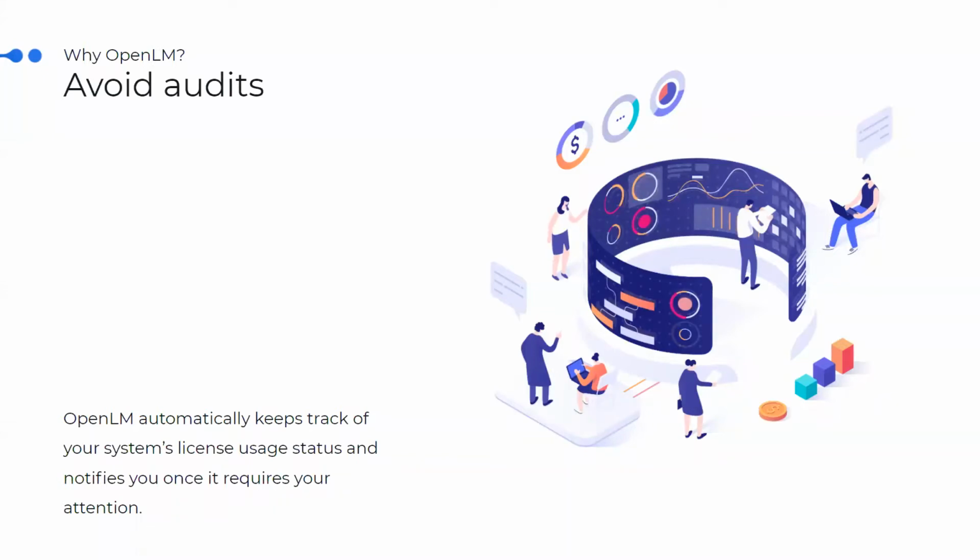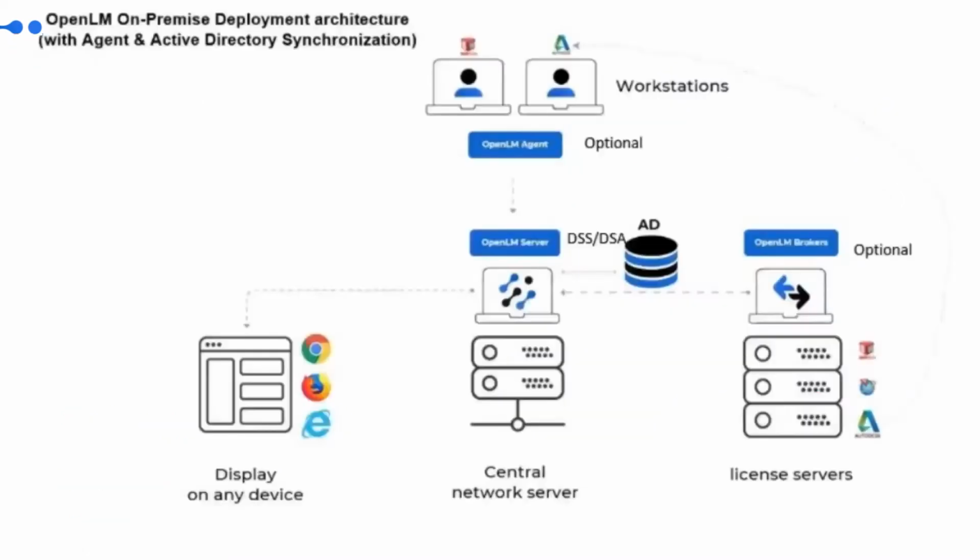So this puts your organization in a very good light when an audit is due. OpenLM might even help you to avoid an audit completely, as the vendor will be assured that you are using their product correctly and will not need to spend time and money auditing your organization.